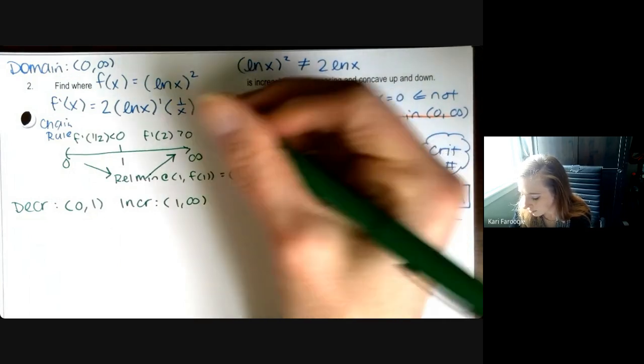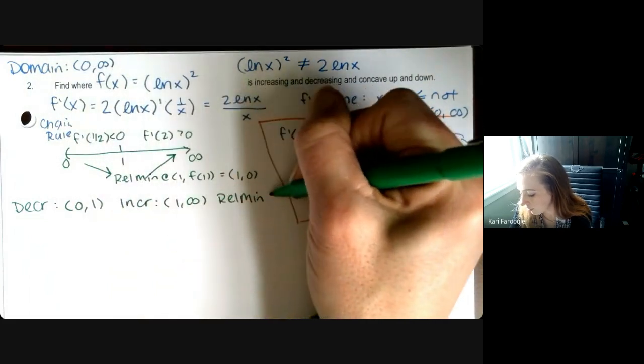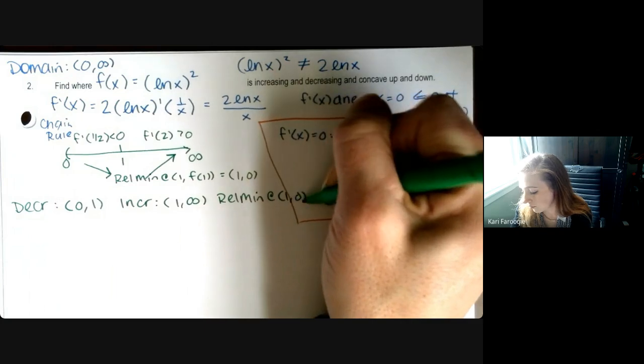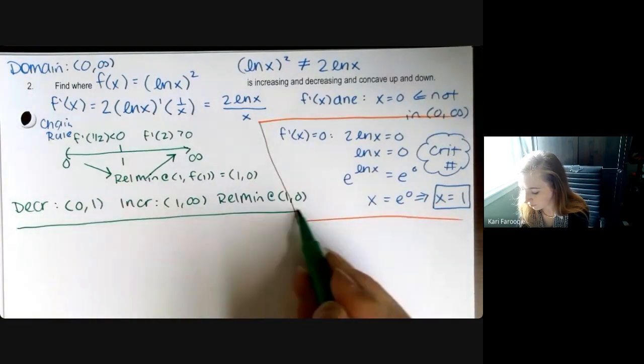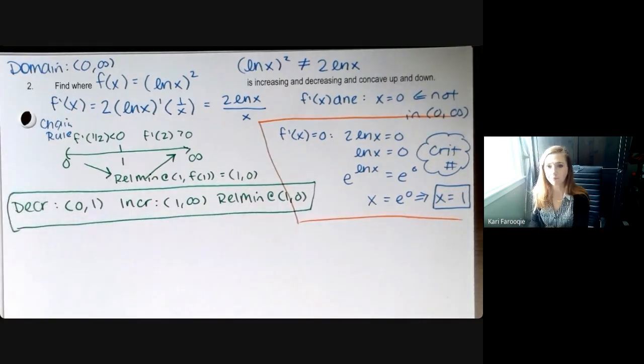I mean, it's on here, so I might as well write it again so it's clear. Okay, all of that popped out of our first derivative test. Now let's look at the second derivative and we'll talk about concavity. So we'll do that next.